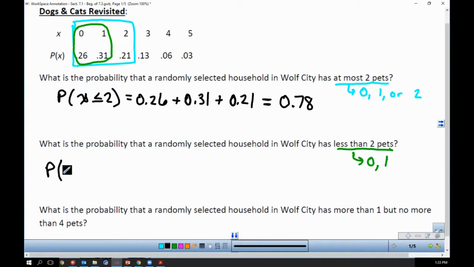Now, I'm going to write this as X less than 2, like the problem says, so strictly less than 2. What probabilities would I add together? 0.26 and 0.31. And what would that get you? 0.57. Yeah.